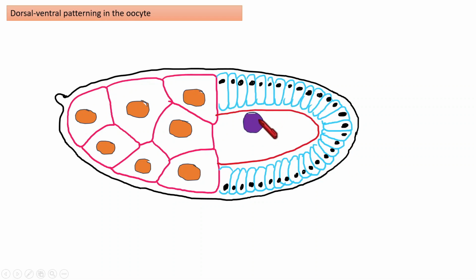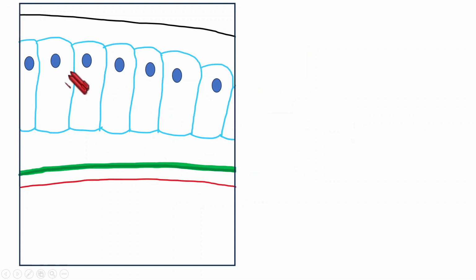Okay. And because of that movement, it is now closer to the dorsal follicle cells. Okay. And for explaining everything so clearly, I am going to redraw only this portion in the next slide, and I will continue to explain. So that portion I redrew here.